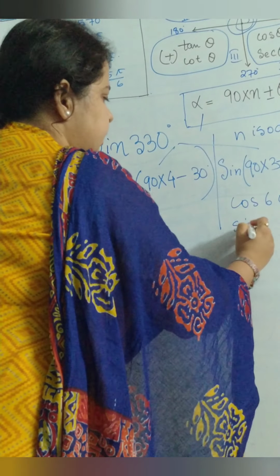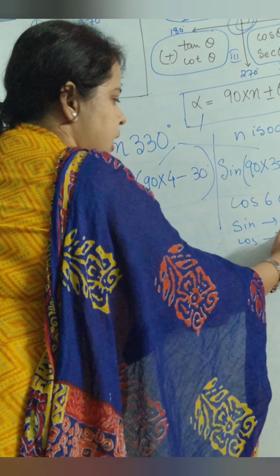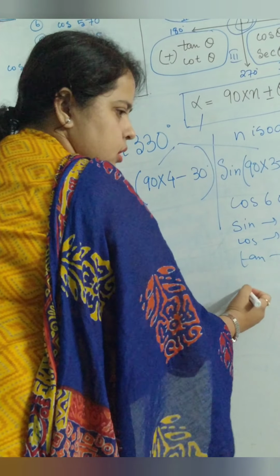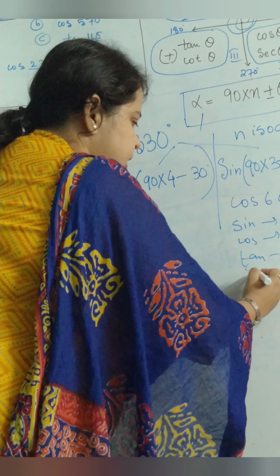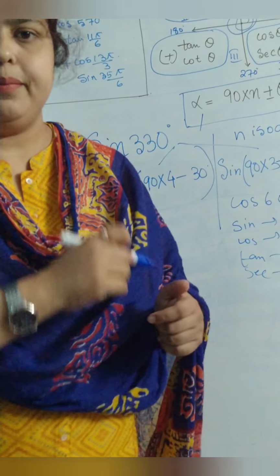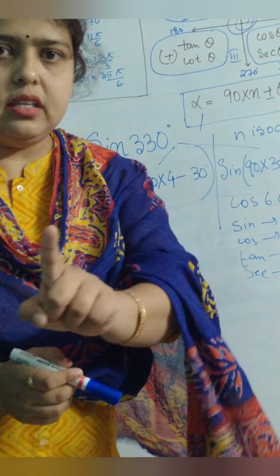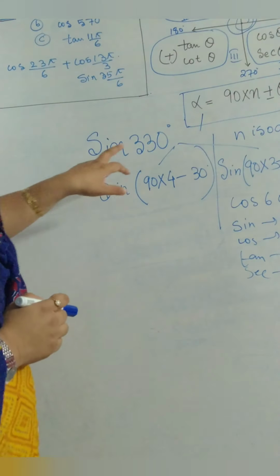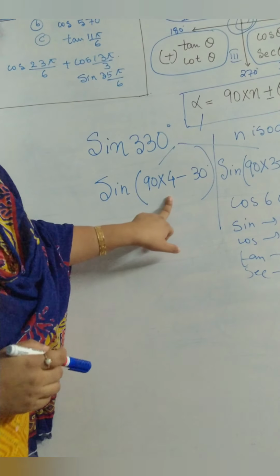Sine will convert to cos, cos will convert to sine, tan will convert to cot, or cot will convert to tan, sec will convert to cosec, or cosec will convert to sec, when this n is odd. Got it? Converting stops when this is even.